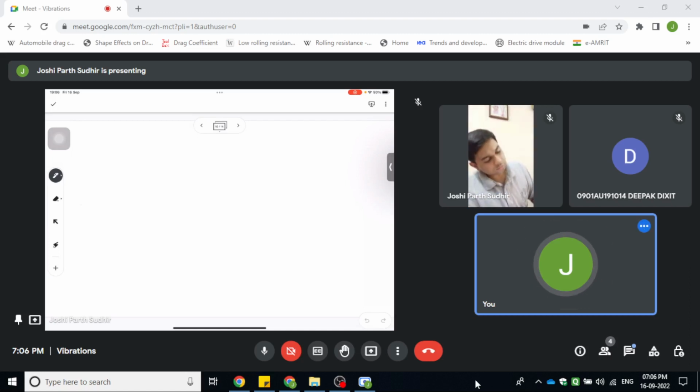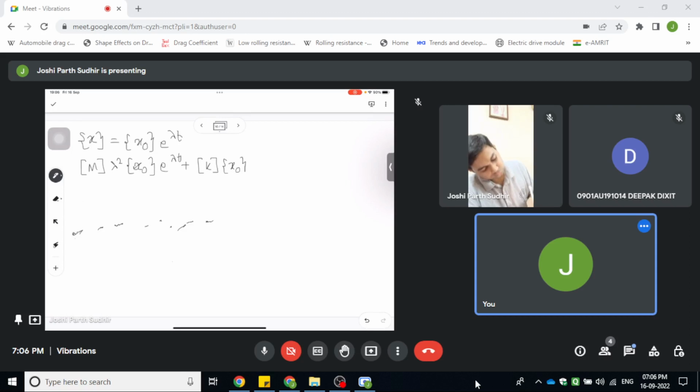So let us say if we have a solution of the form x naught e to the power lambda t, and if we substitute that in the equation of motion, we will get lambda square into m plus k into x naught.